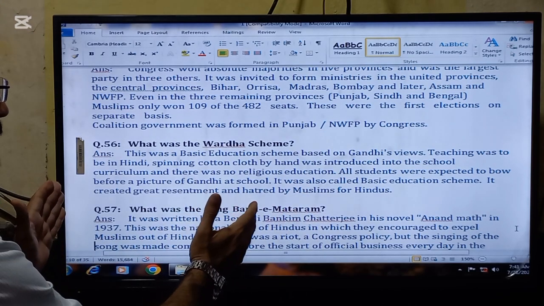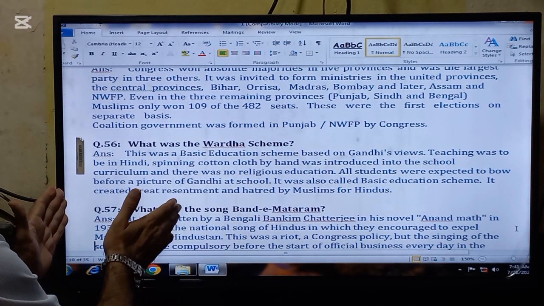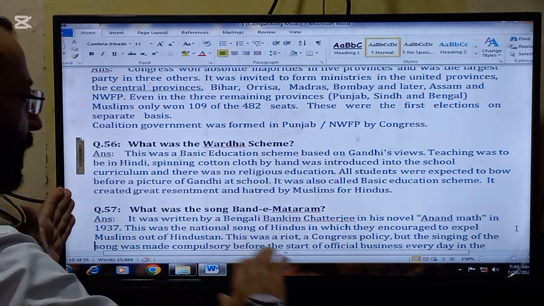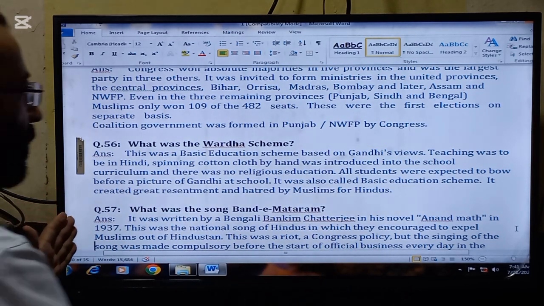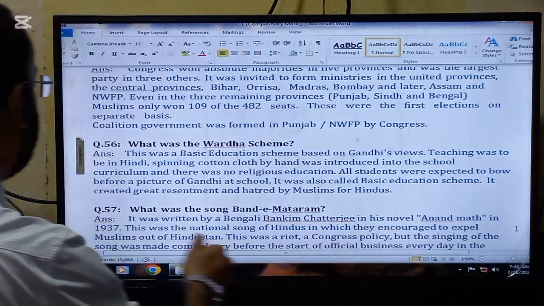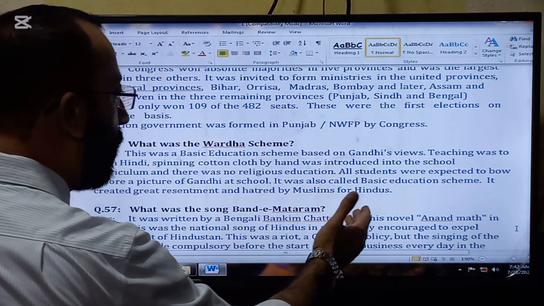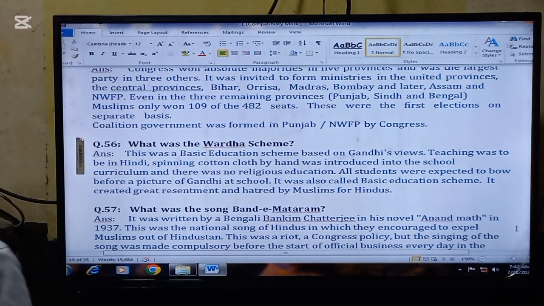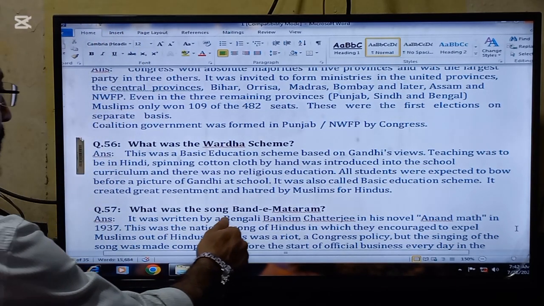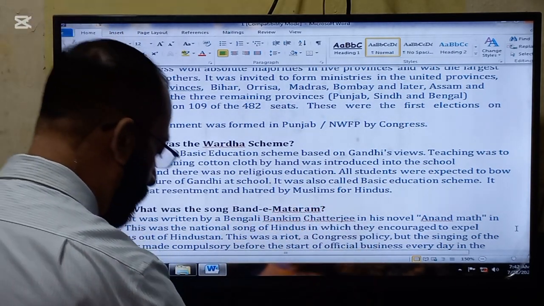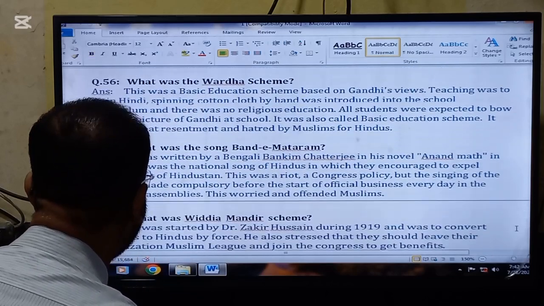So these reforms were for the welfare of Hindu education and were against the Muslims. All students were expected to bow before a picture of Gandhi at schools. It was also called the Basic Education Scheme. It created great resentment and hatred by Muslims for Hindus.